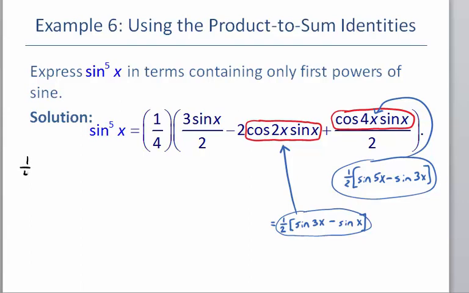So I have 1/4, I have 3 sine x over 2 minus 2, and now I'm going to make this substitution.